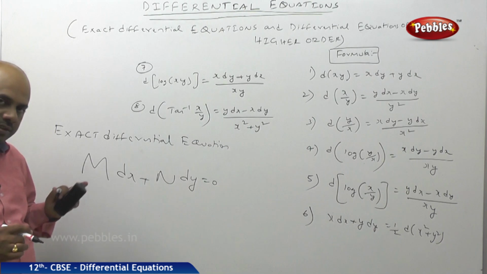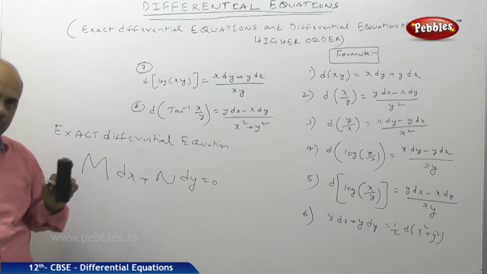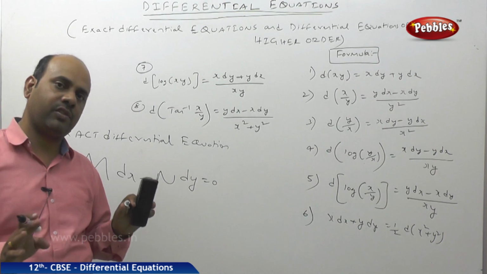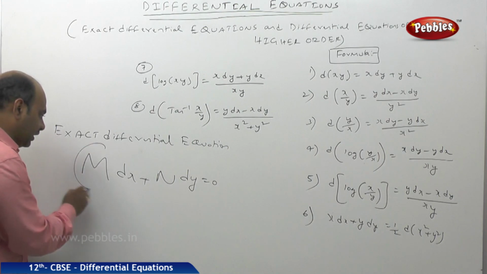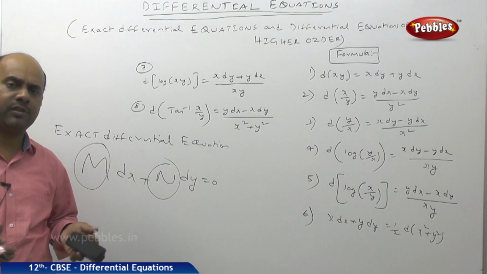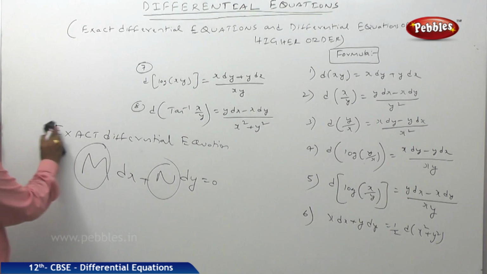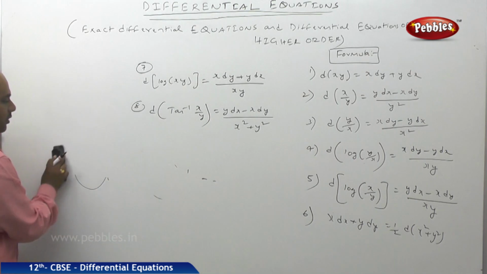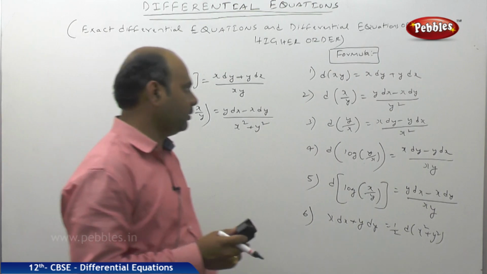I am repeating once again: a differential equation of the form M dx plus N dy equal to 0 is known as an exact differential equation. Here M and N are functions of x and y, that means M and N can be implicit functions. For solving exact differential equations, we need to remember the following results or formulas.